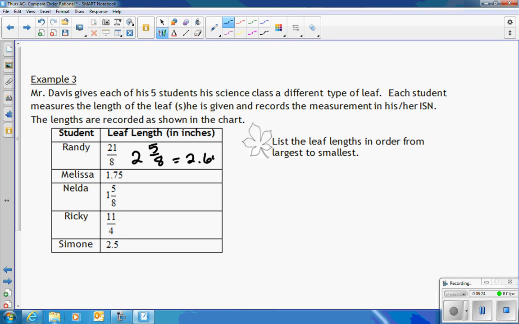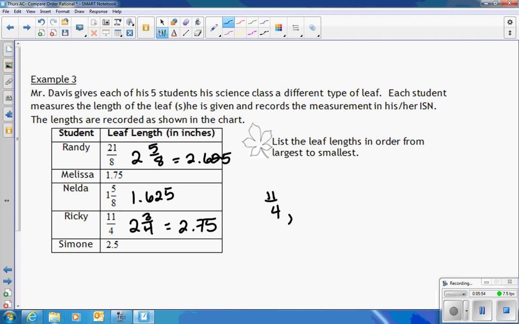This is 2.625. That one's already in decimal form. This one is going to be 1.625. 4 goes into 11 twice, and 4 times 2 is 8, so there's 3 left over. 3/4 is also a benchmark fraction, so 2.75. The largest number up there is 2.75.